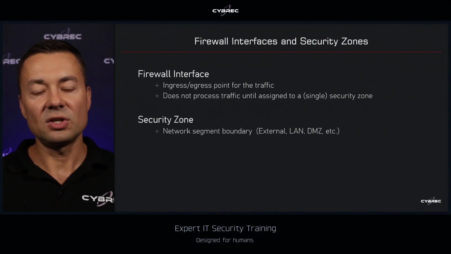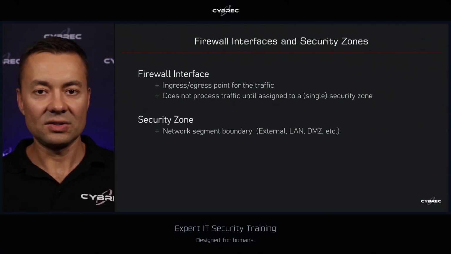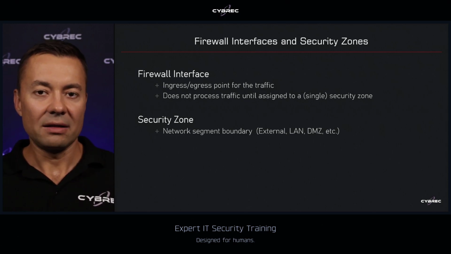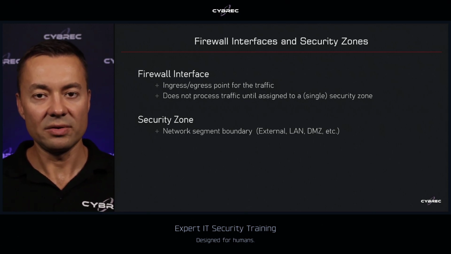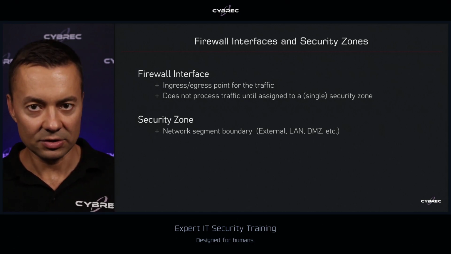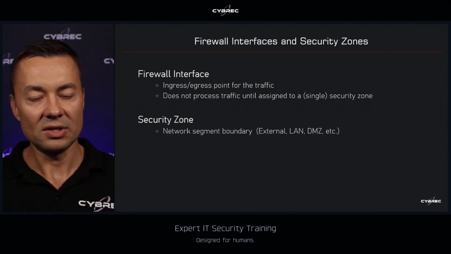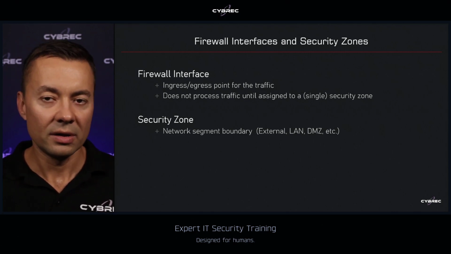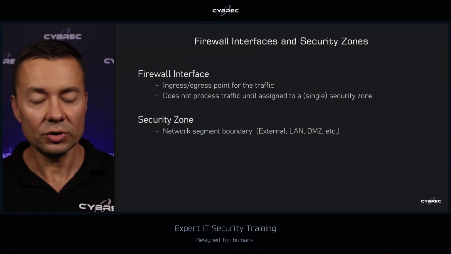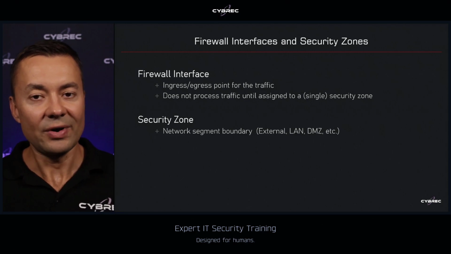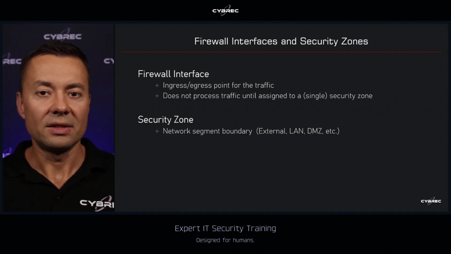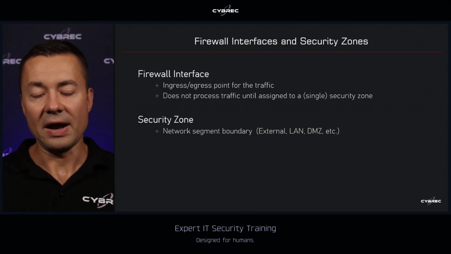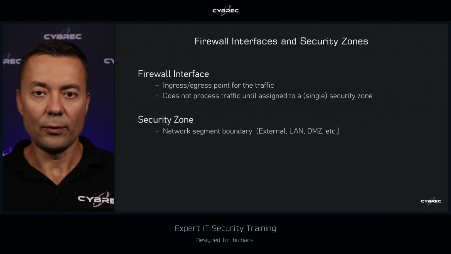A security zone is something that is going to make a logical boundary that the firewall is going to use to eventually control the communication. Now, the idea behind security zones is that we will use them to segment our network into more trusted or less trusted portions, and the traffic is only going to be allowed between these different zones, assuming that the firewall's policy allows for that.